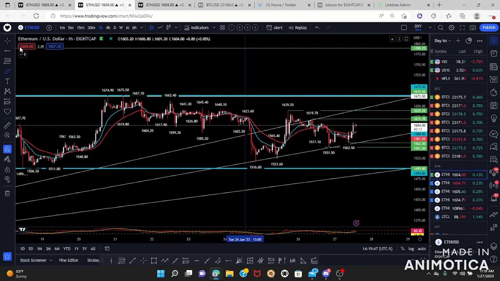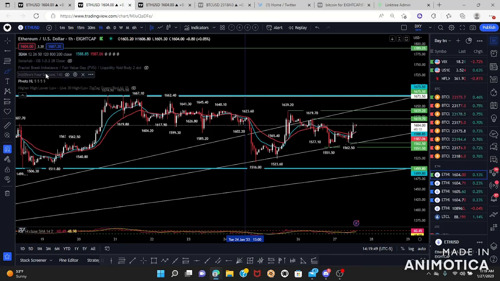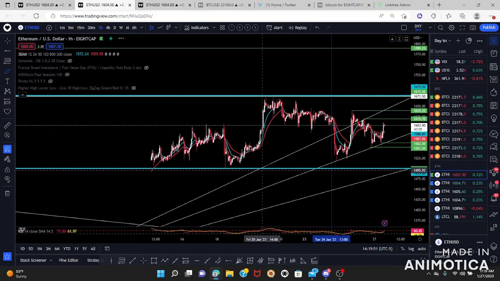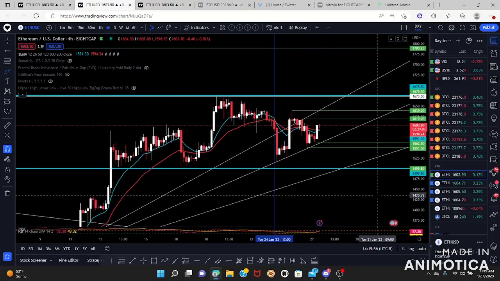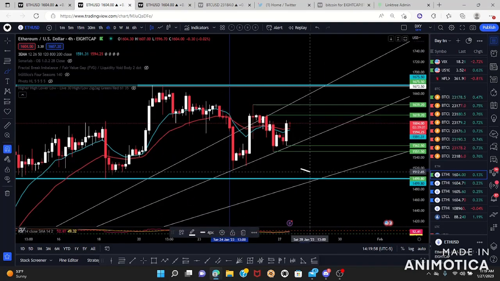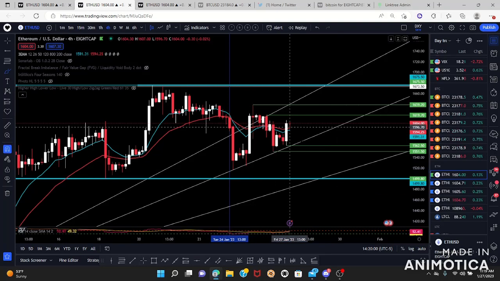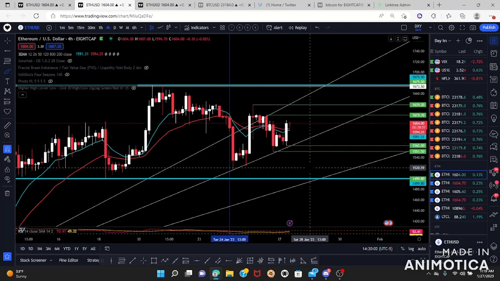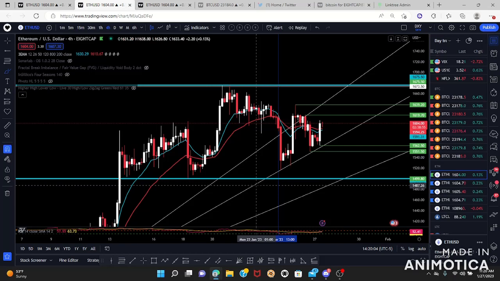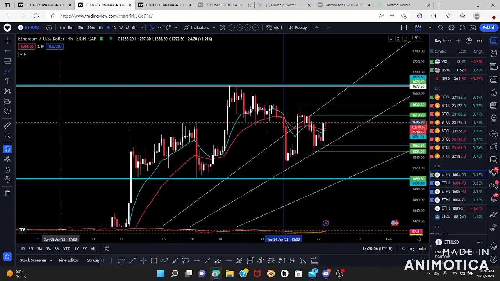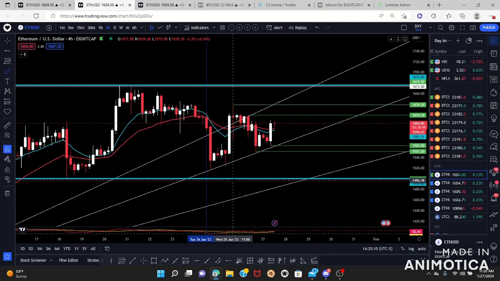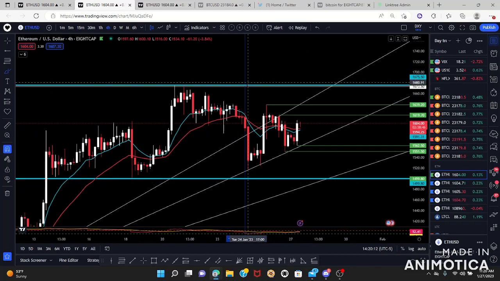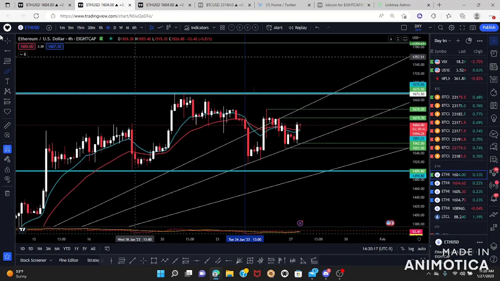So the best thing to do in this case, because even though I have two confirmations, my 12 and 26 EMA crossing and my 4-hour trend line breaking, I also want to see highs and lows being broken to the downside. But more than anything, just to be on the safe side, because this is a range that we're working on, you might want to have alarms on your lows and alarms on your highs just to enter a safe trade.